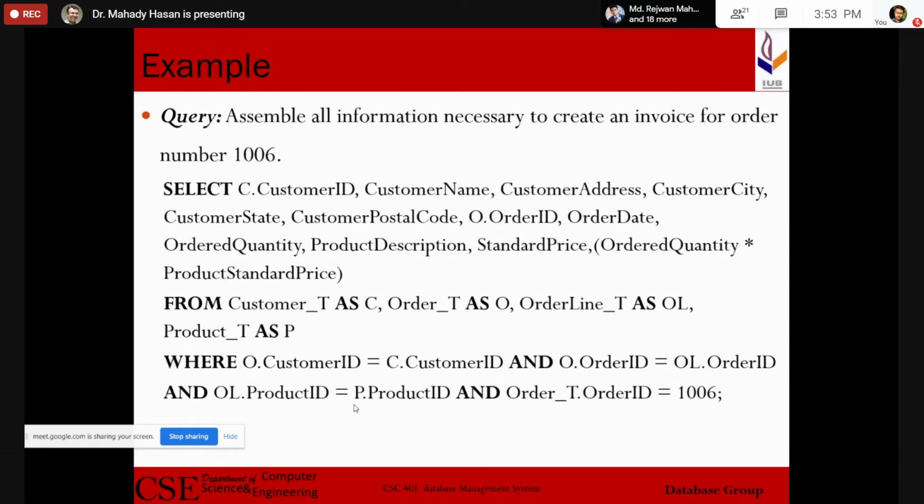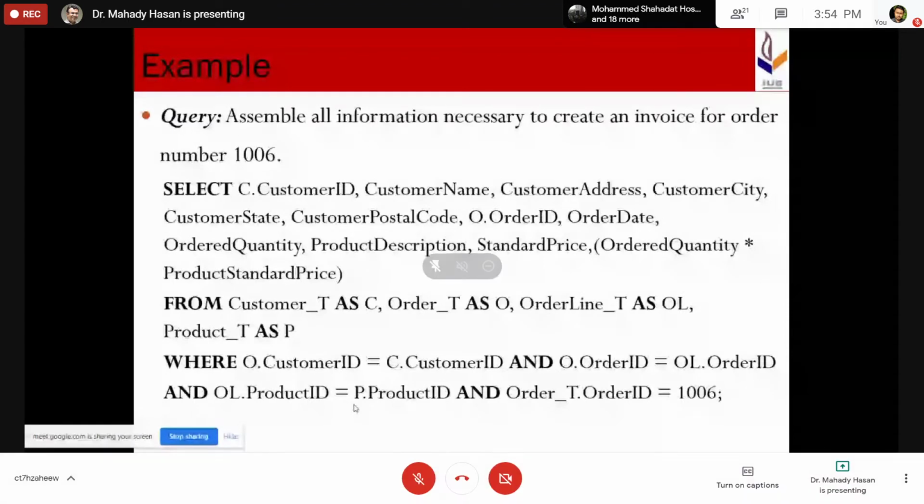So n multiplied by n multiplied by n multiplied by n, isn't it? জি স্যার। So it is n to the power 4. Make sense? Not n to the power n, because we have only 4 relations, 4 tables, so it can't be n to the power n. It should be n to the power 4.